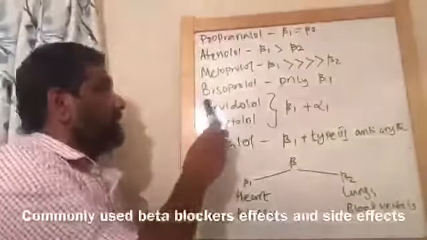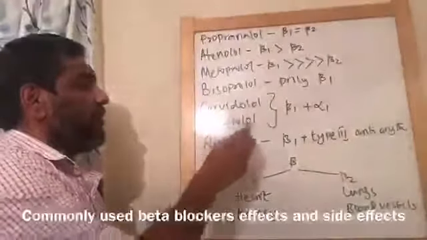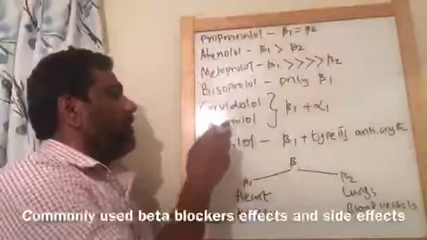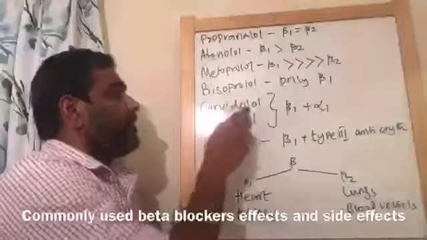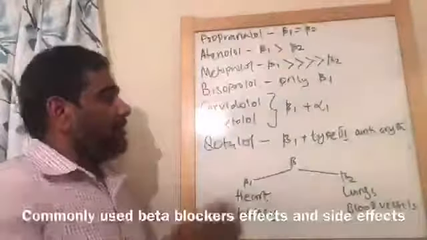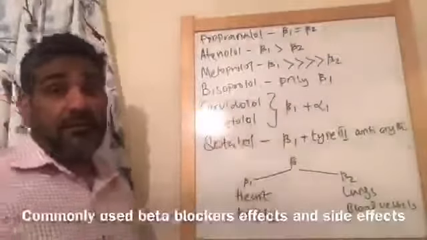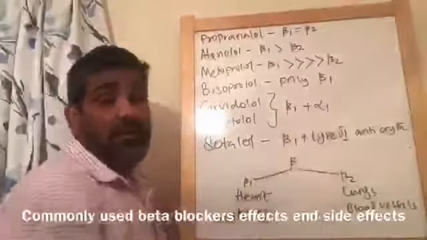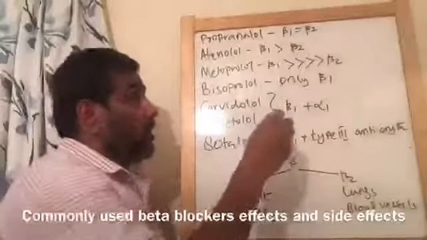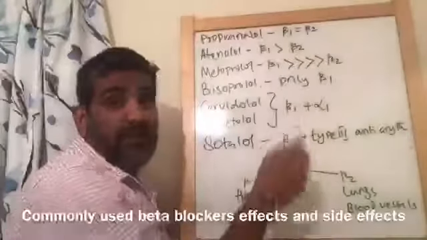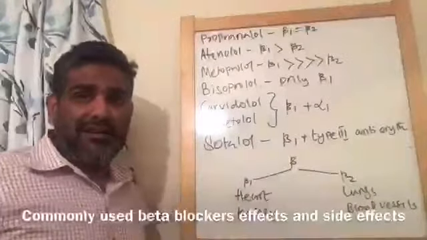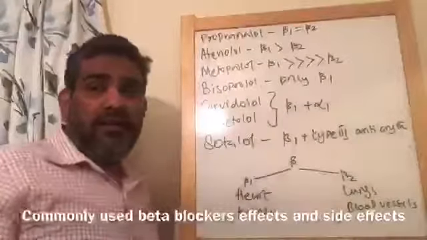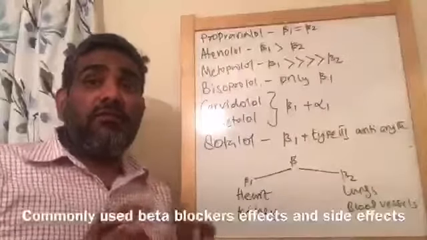The fourth group is carvedilol and labetalol. The difference is that labetalol is short acting, while carvedilol is long acting. The specialty of these drugs is that they block not only beta 1 but also alpha 1 receptors. When they block the beta 1 receptors, they reduce cardiac contractility, the inotropic effect, and when they block alpha 1, they produce vasodilation.